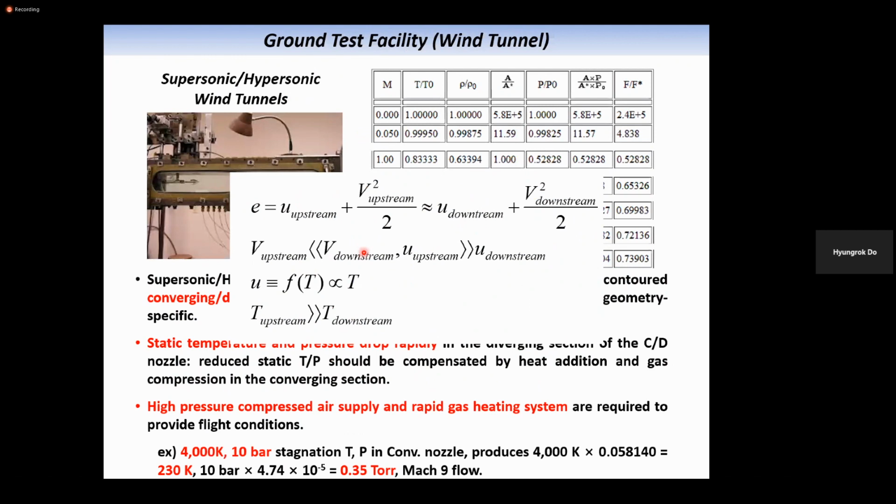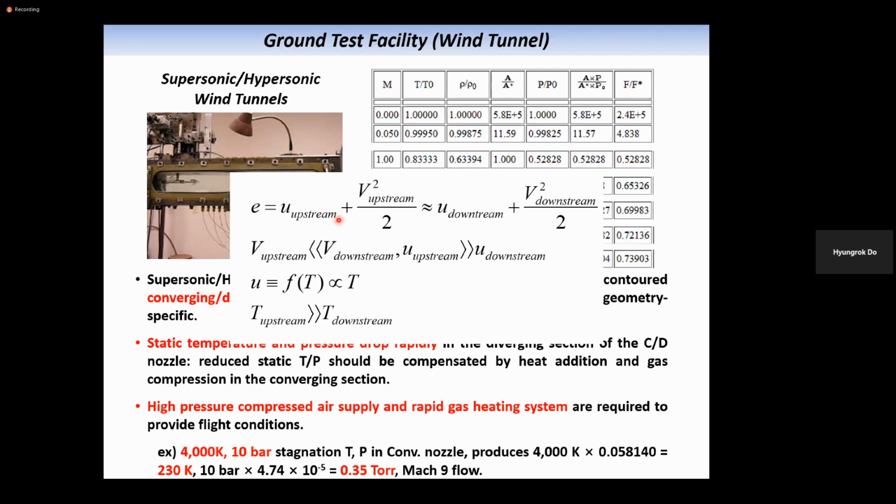Let's say here's a simple equation, and the total energy of the flow is expressed like this. So with high-speed flows, definitely those flows will have an internal energy in the upstream and internal energy in the downstream, and the velocity difference could be quite large, even compared with the internal energy.